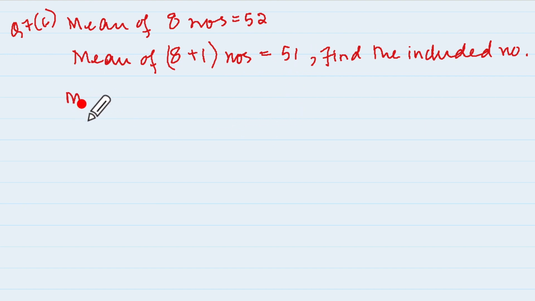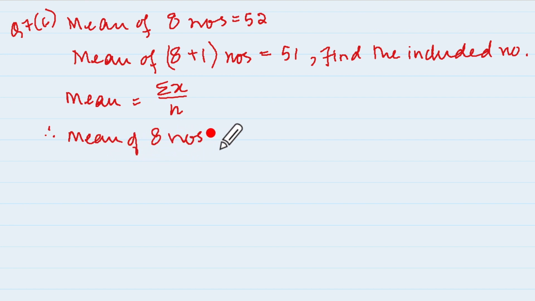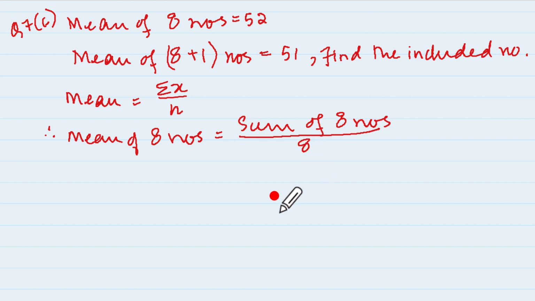Now what is our mean formula? Your mean is equal to sigma x upon n, correct? So therefore mean of 8 numbers will be equal to sum of 8 numbers upon 8.